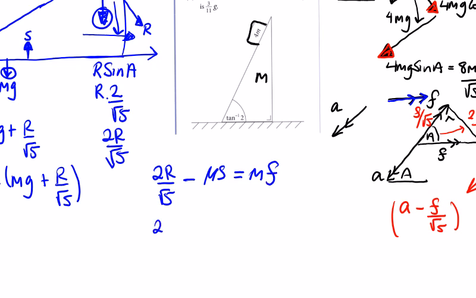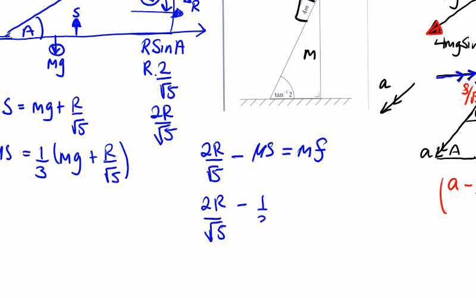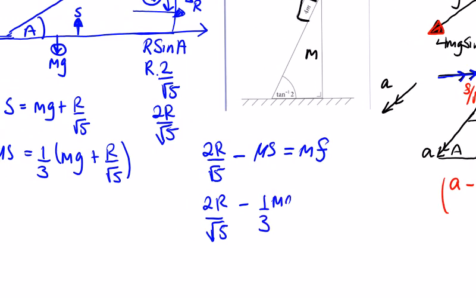So 2R over root 5, we can sub in mu S: 2R over root 5 minus a third mg, and I'll just multiply it out. It's going to be minus a third R over root 5 minus 1 over 3 root 5, R, is equal to mf.